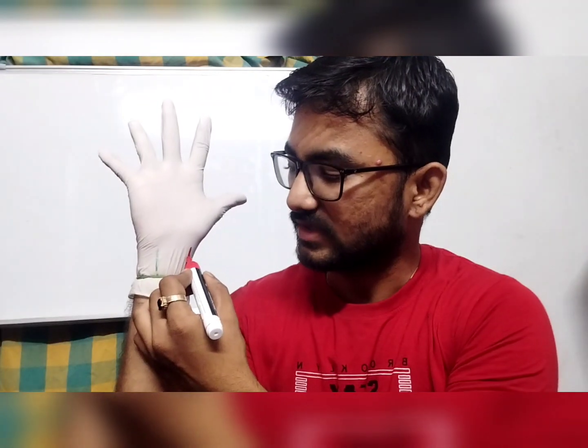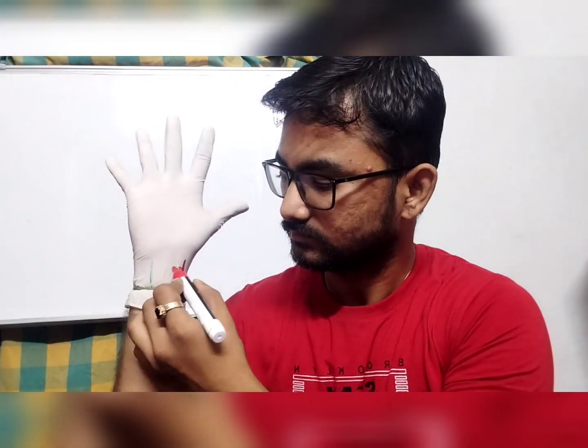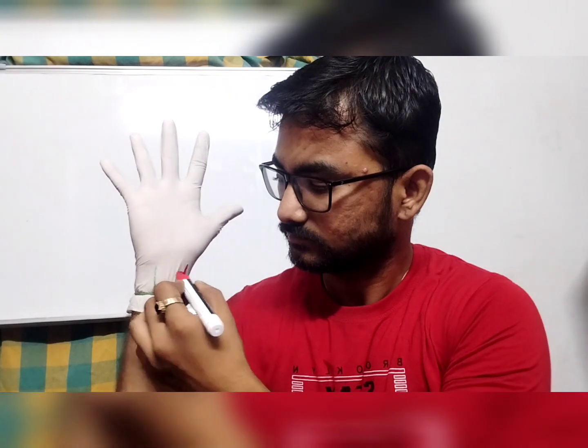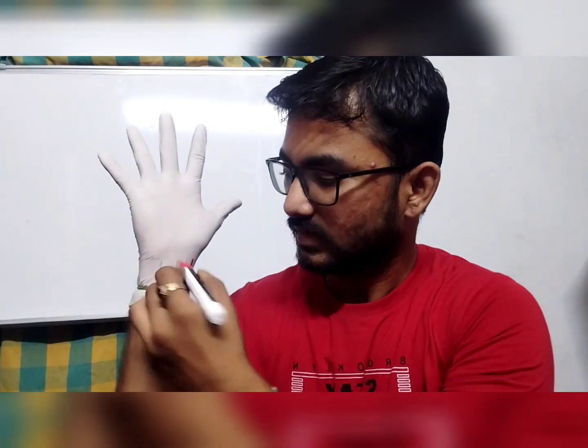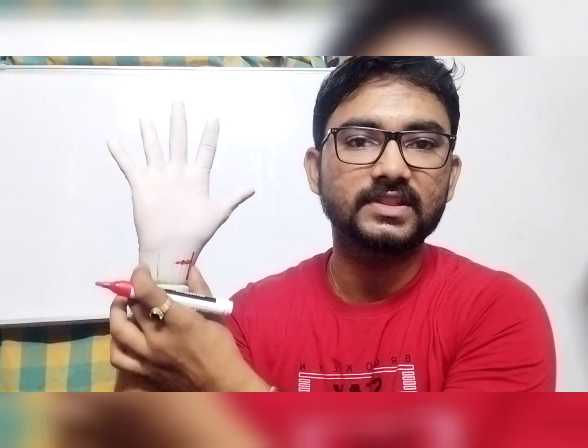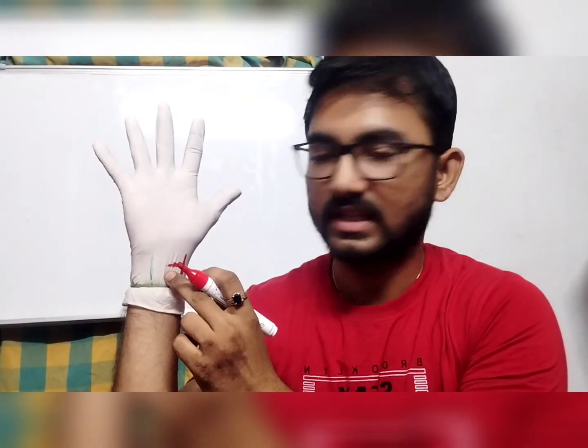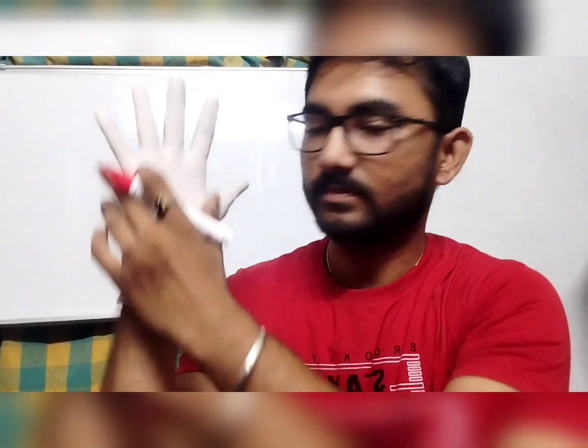Before entering into the hand, the radial artery gives a branch. This branch supplies the carpal bones present in the wrist. This branch is known as the palmar carpal branch of the radial artery because this is the palmar surface.